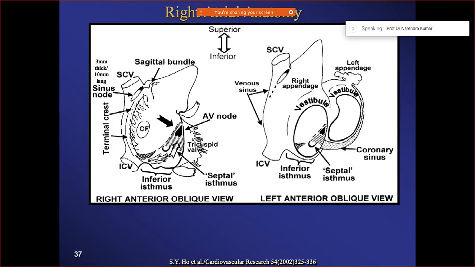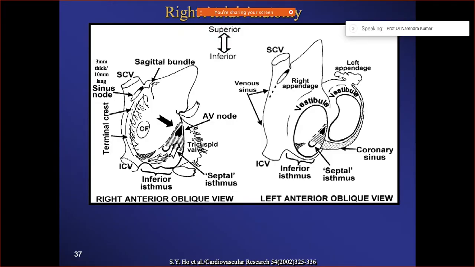One of the other important things for us to recall is the triangle of Koch, as few people call it. The free border of the EV tends to continue as a tendon running in the musculature of the sinus septum, called the tendon of Todaro.